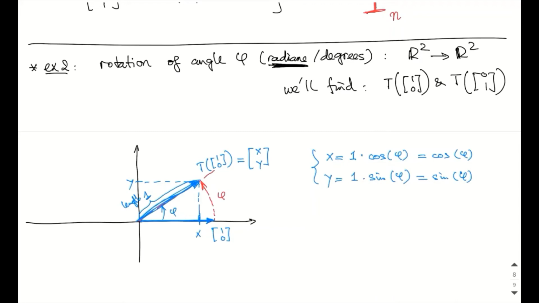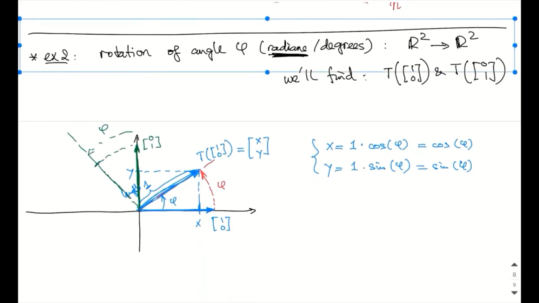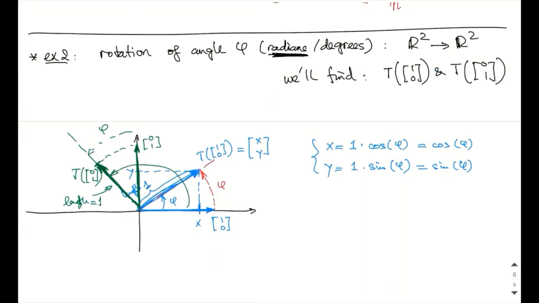Next, we are going to look for what it does on the second vector, the second unit vector here. This is the vector (0, 1). And under the transformation, this is what we are going to get. T of (0, 1). Length is 1. Now, if you want to find the angle here, that is going to be this angle, which is phi, at an angle of 90 degrees or pi over 2 radians, right?